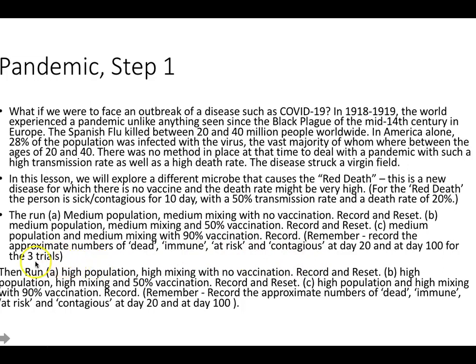And so forth and so on. Okay, so now that you've got your medium, you're going to do the same thing for high population and high mixing. So you're going to have your virgin, run and record it for 50% vaccination, run and record it for 90% vaccination.